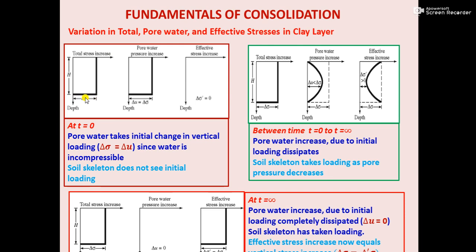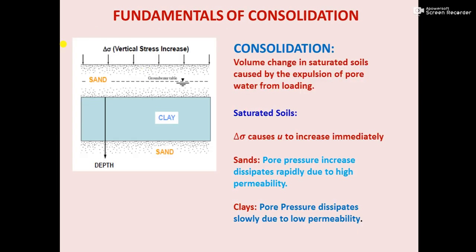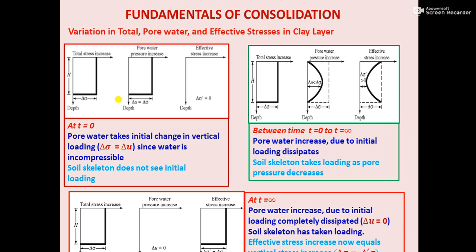Now you see, at t is equal to 0, as soon as this vertical stress comes onto the soil, it will try to get transmitted to this clay layer also. So how will it transmit? As soon as this delta sigma comes, because the clay has low permeability and is saturated, the spaces between the clay particles, that means the pore spaces, are filled with pore water.